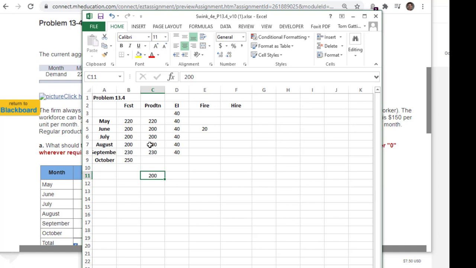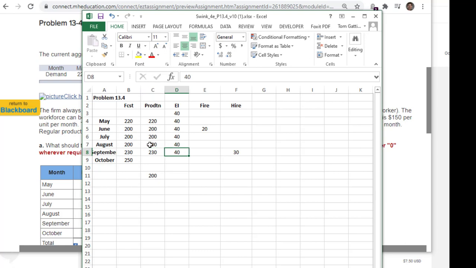And again, if one worker can make 1 unit per month, then we need to hire 30 workers. If one worker could make 2 units a month, we'd need to hire 15 workers. If one worker could make 10 units a month, we'd have to hire 3 workers. If one worker could make half a unit per month, we'd need to hire 60 workers.